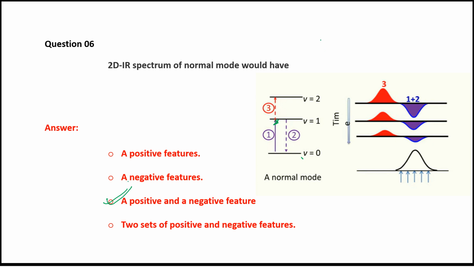Okay. So a normal mode involves three processes. The first is transient absorption. The second one is stimulated emission.